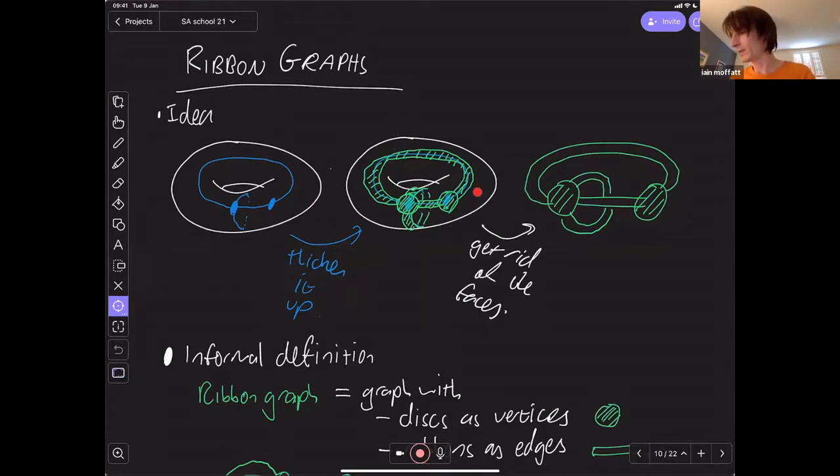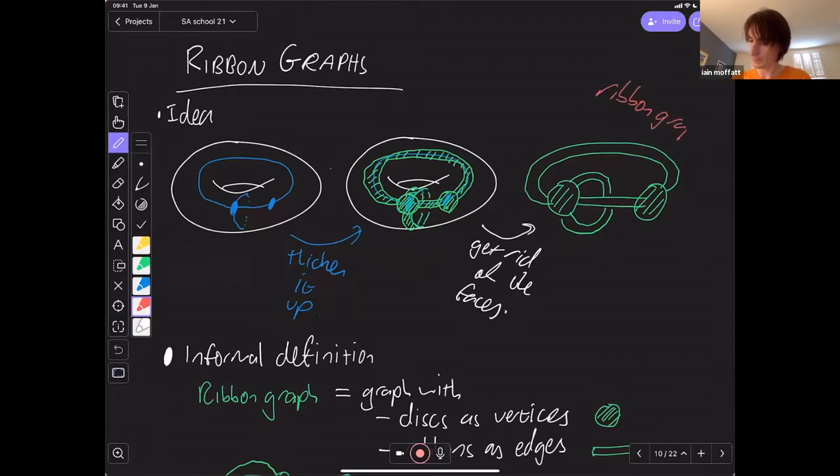So I could just delete all of the faces and just keep this green drawing of the neighborhood of the graph. And what I end up with is my ribbon graph. So I can start off with a graph on a surface and end up with a ribbon graph. But I can also reverse this process by starting with the ribbon graph.